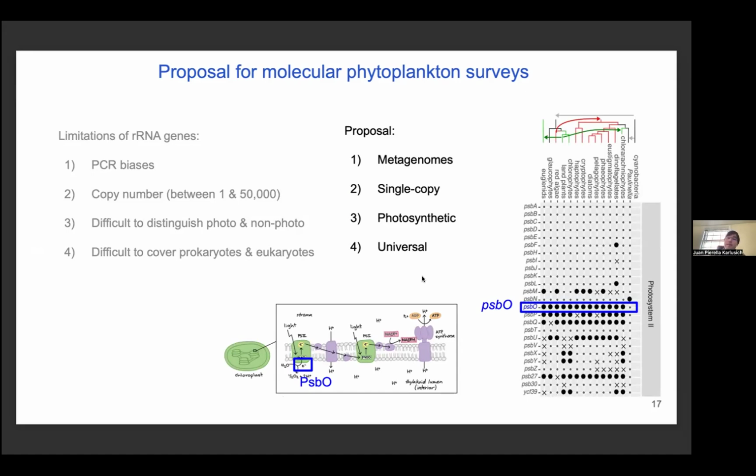The gene that we ended up selecting is the PSBO gene that codes for a subunit of photosystem II. We selected this gene because it's single copy, it's photosynthetic, and it's universally present in both cyanobacteria and eukaryotic phytoplankton.